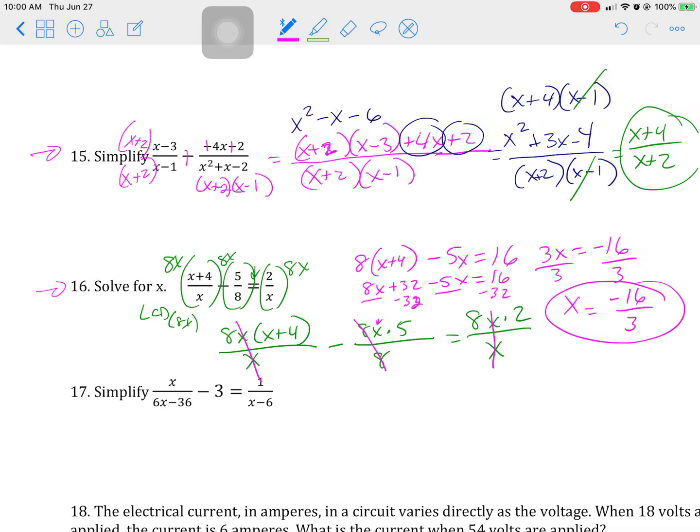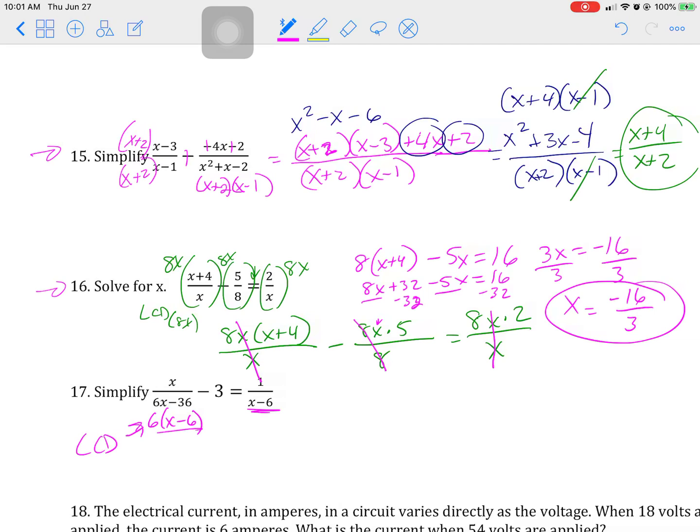This one has greatest common factor. So this denominator is a factor of that denominator, so that's my LCD. Okay, so, excuse me. So this is going to be multiplied by everything.